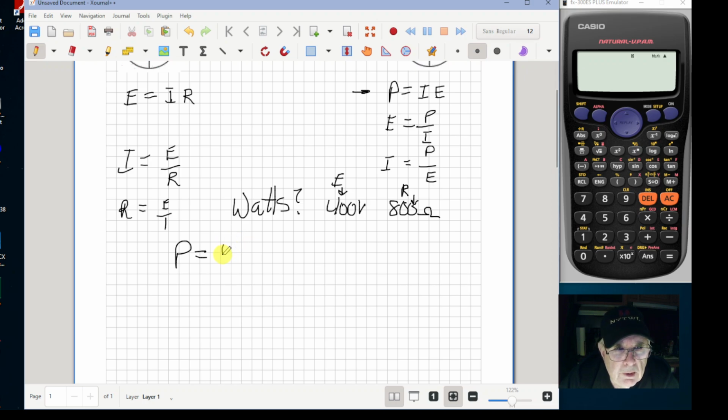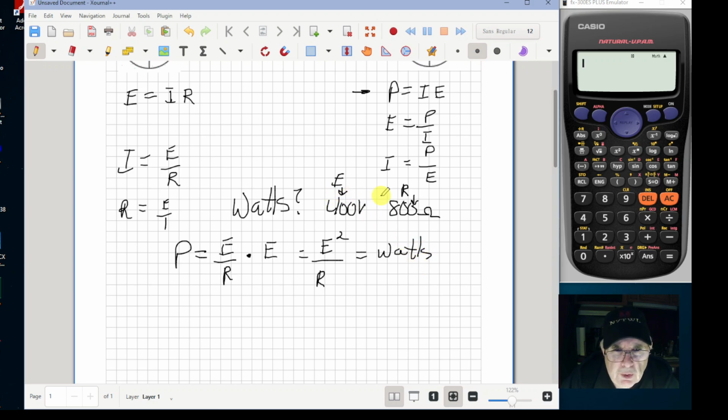So I'm going to substitute E divided by R times the E. So this is just the I part of this up here. But I can simplify this. So power then is equal to E times E, which is E squared, over the resistance. This will give me the watts.